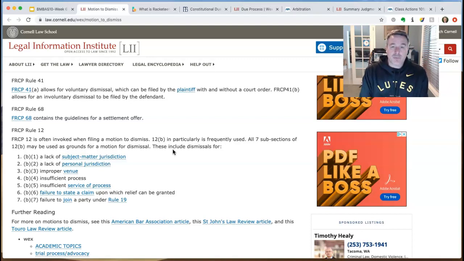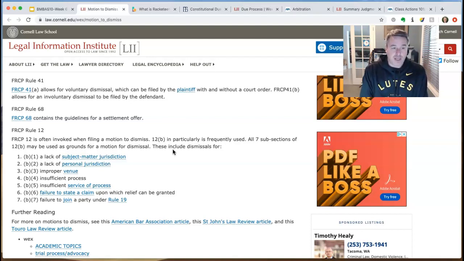But you could dismiss because the court doesn't have proper jurisdiction. So like in my example earlier, if I filed in Florida, my neighbor could file a motion to dismiss based on lack of jurisdiction, that the Florida court doesn't have a right to hear the case. That's true in both subject matter and personal jurisdiction.